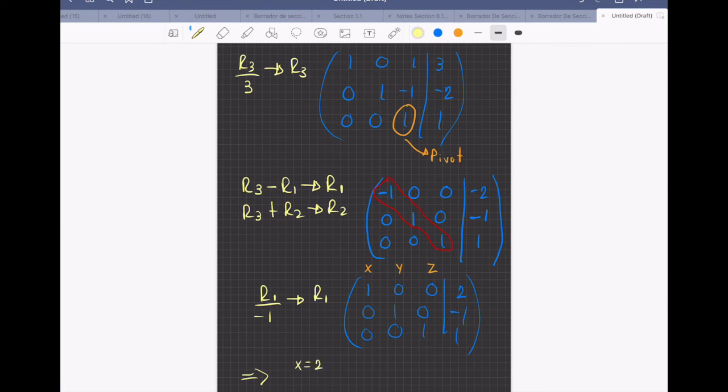With the same reasoning, y is equal to -1 and z is equal to 1. 0x plus 1y plus 0z equal to -1, y equal to -1. 0x plus 0y plus 1z equal to 1, z equal to 1. And there you have the solution.